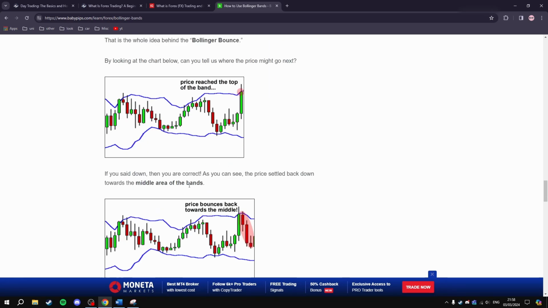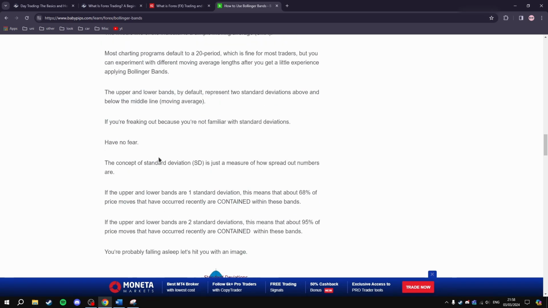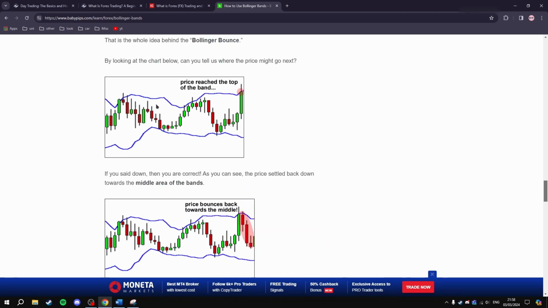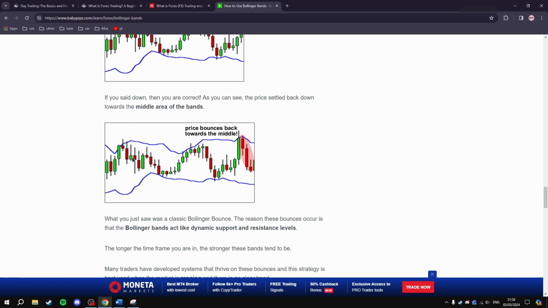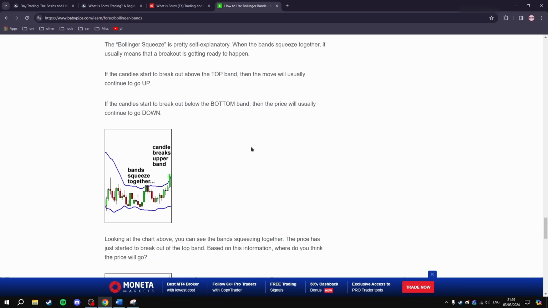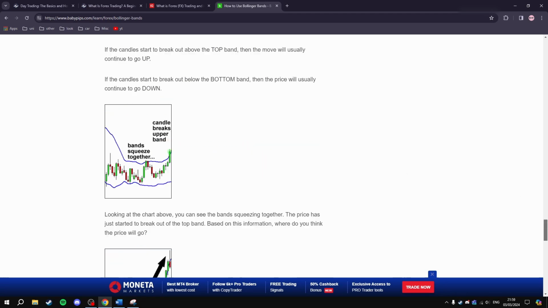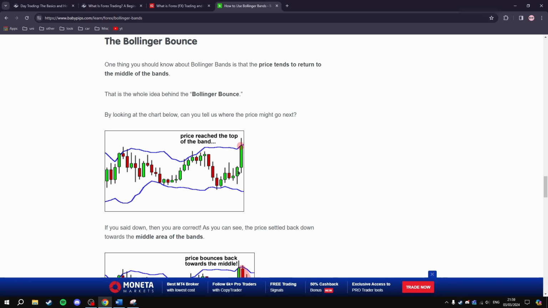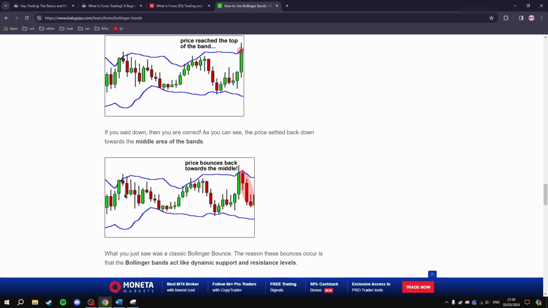So where is the middle line for this actually? They said it's plotted as three lines, but there's only the upper and the lower bands. There should be a moving average somewhere along here, right? But it's not there. So there should be a simple moving average, smooth like this.